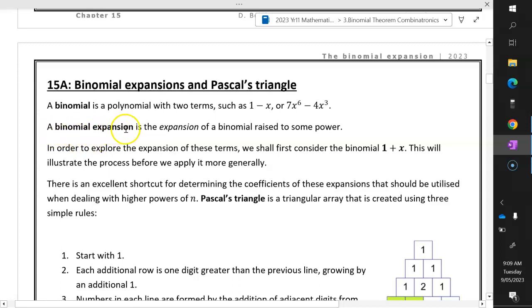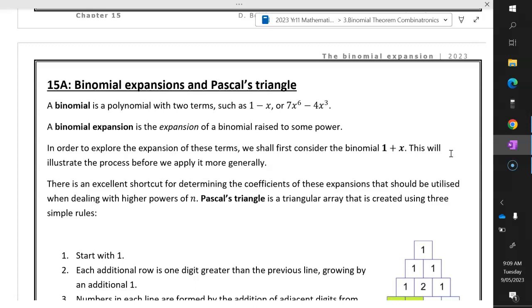So a binomial expansion is the expansion of a binomial raised to some power. In order to explore the expansion of these terms, we shall consider the binomial 1 plus x to start with. We're going to start nice and simple, and this will illustrate the process, and then next lesson when I see you, we're going to apply this to a few more difficult concepts.